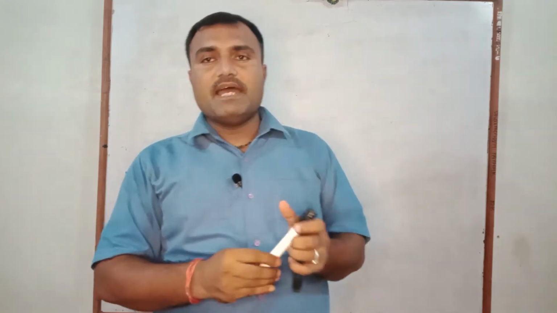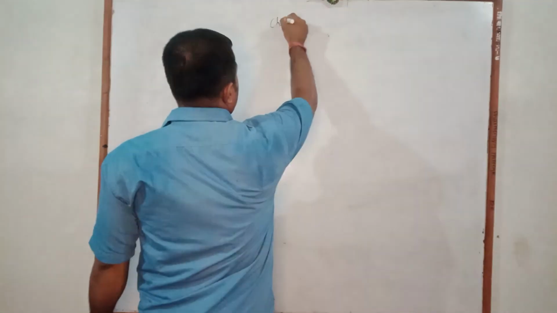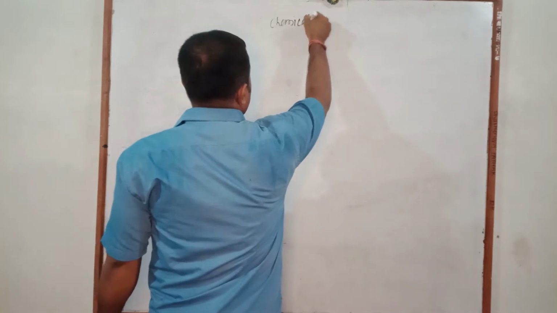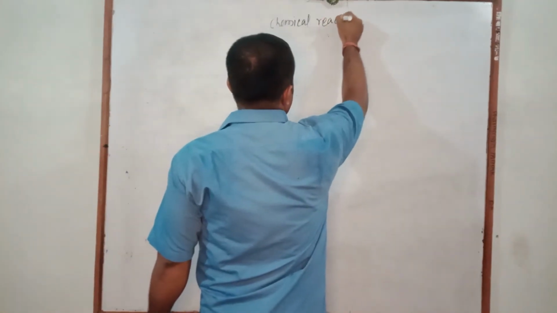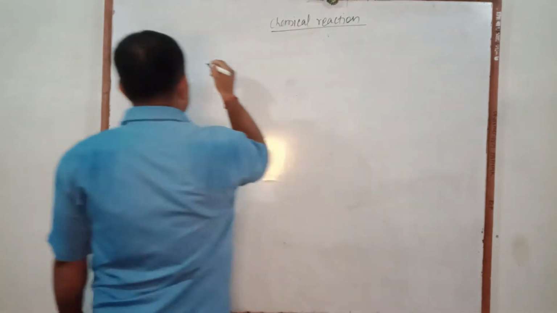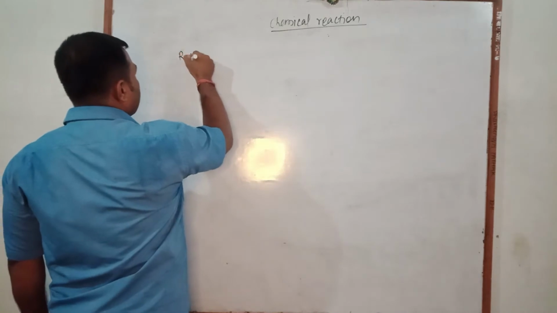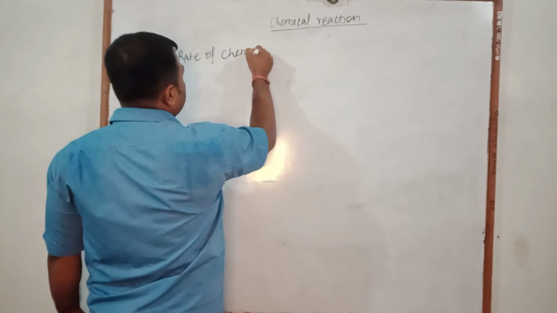At first we define what a rate of chemical reaction is. The name of the topic is chemical reaction of class 10, and here we define rate of chemical reaction.